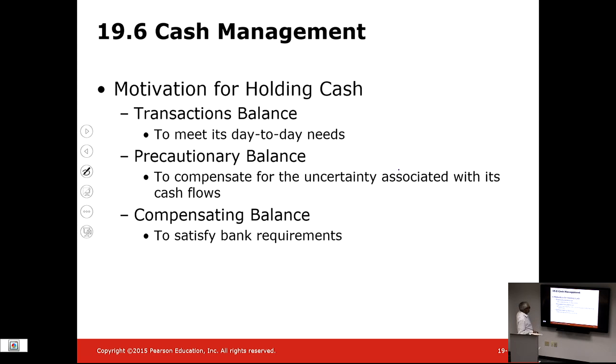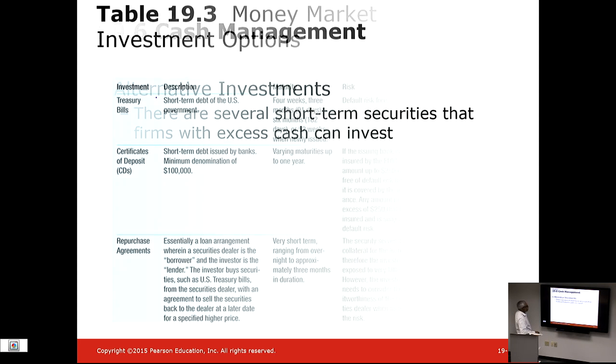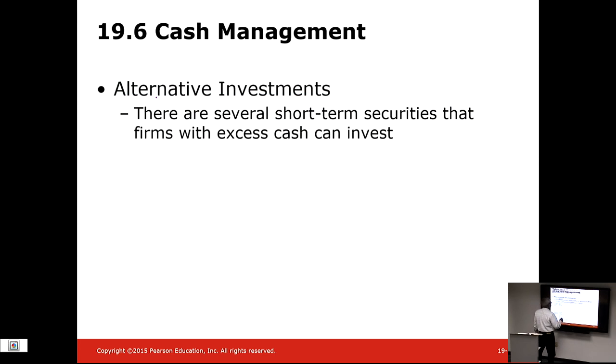I already talked about the motivation for holding cash. Essentially, it provides for liquidity, for contingencies, for any compensating balance for the bank, transaction balance to meet day-to-day needs. But then you're also losing out on alternative opportunities to invest.